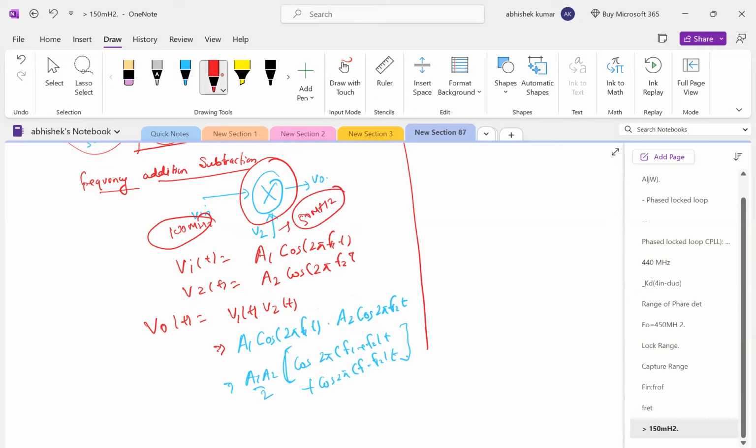Then you get two output frequencies: one is 150 megahertz, f1 plus f2, and another is 50 megahertz.